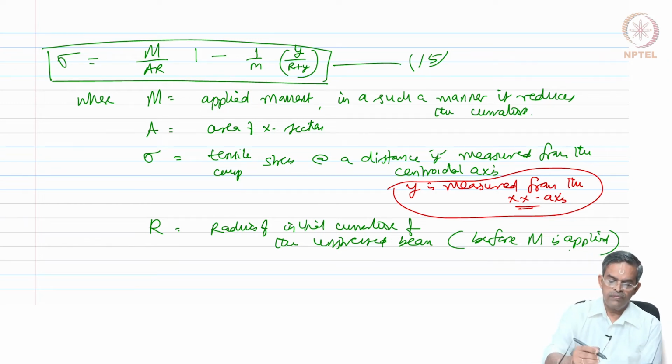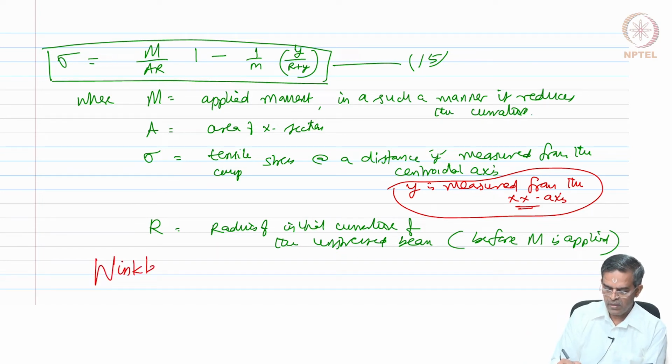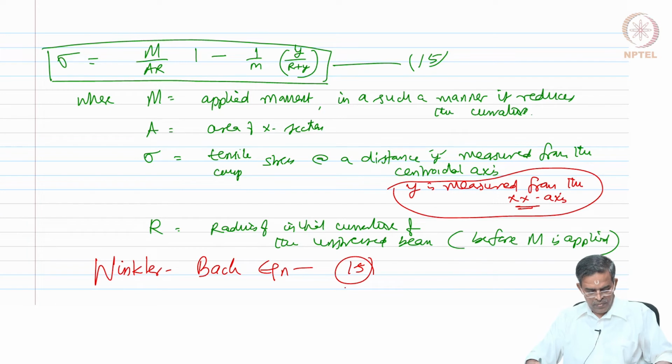Friends, this equation 15 is classically known as Winkler-Bach equation, Winkler-Bach formula or Winkler-Bach equation.